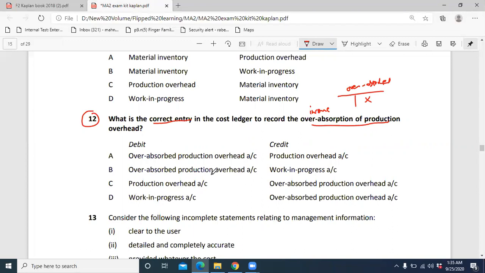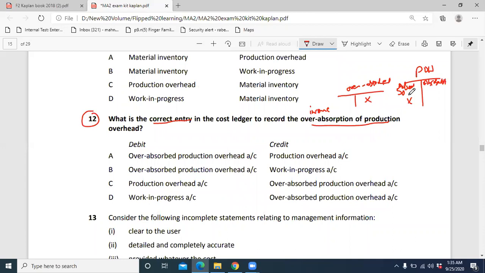So what is the entry? What is the right entry? If it is credited, then definitely in the production overhead account, the under absorbed is basically debited, right? I told you actual we take on the debit side, and absorbed overhead we take on what we estimated on our actual activity level, and absorbed we take on the credit side, right?